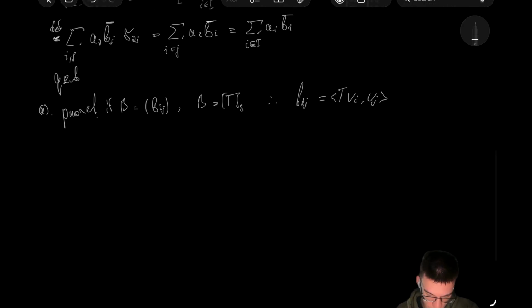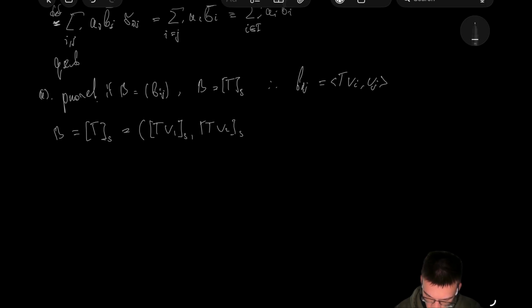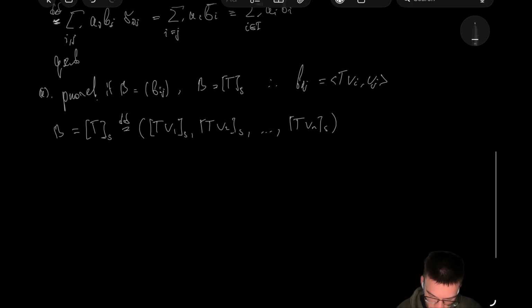Yep. So how to prove this? What is the matrix B? Matrix B is the representation of T with respect to S, which is the columns T of V1 with respect to S, then TV2 with respect to S, until TVn with respect to S. This is the definition of this matrix.